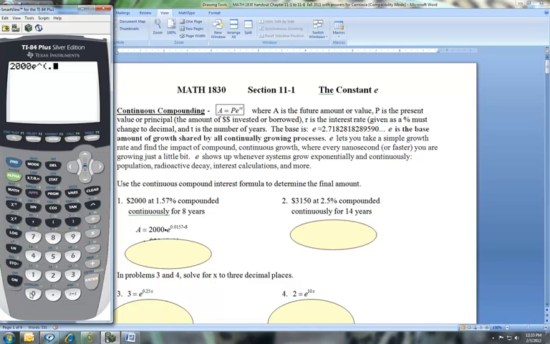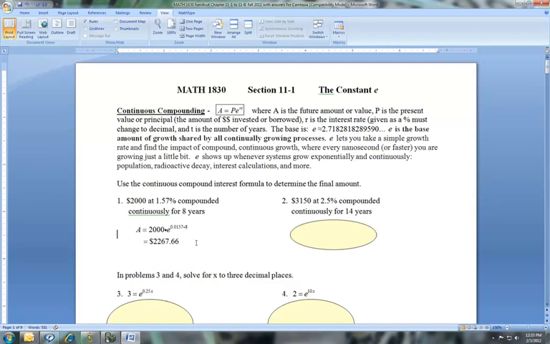So 0.0157 times 8 in parentheses. So if I have this money at this interest rate compounded continuously for 8 years, I would earn $267.66 in interest. Let's see if that's what I've got here. There it is.